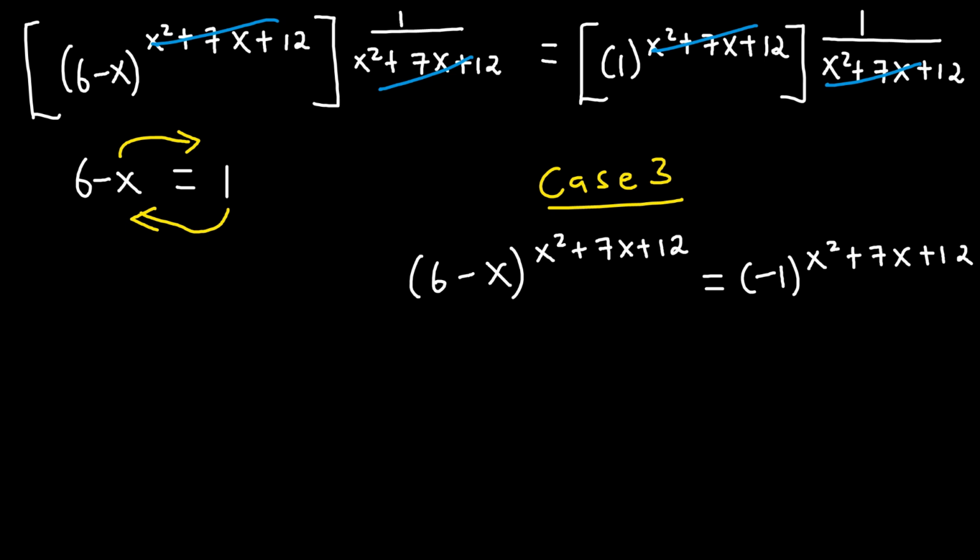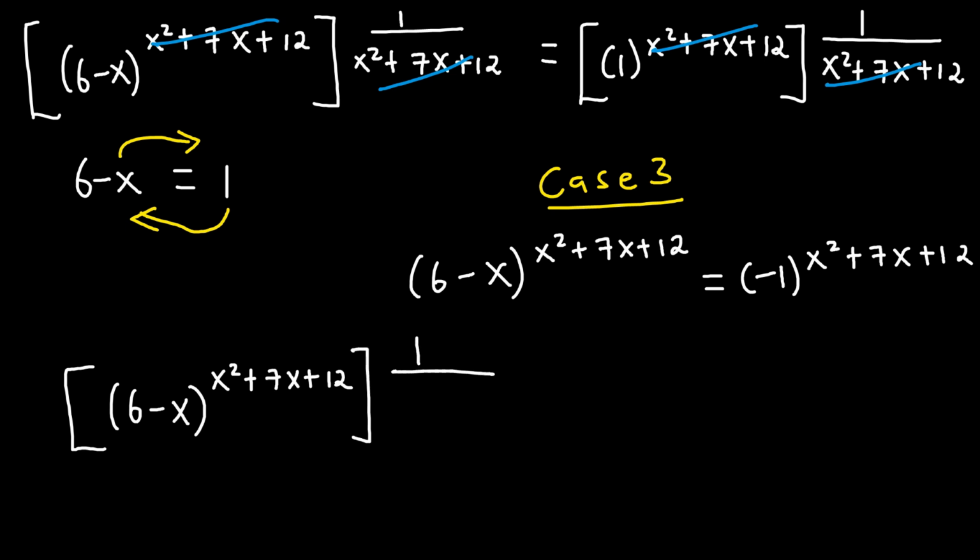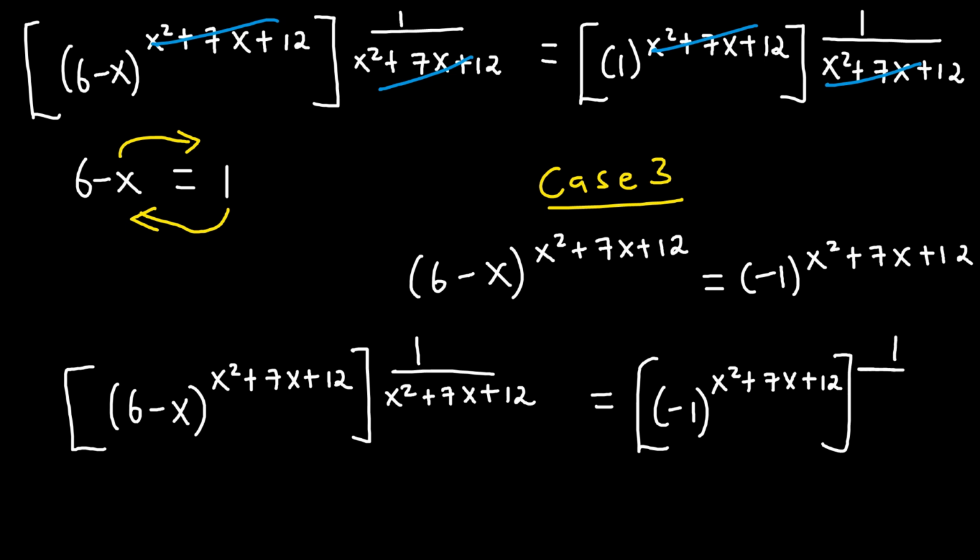And at this point, we can raise both sides to the power of 1 divided by x squared plus 7x plus 12.